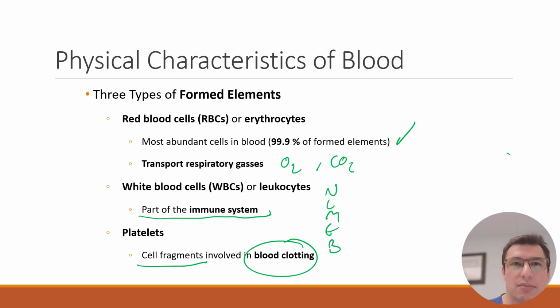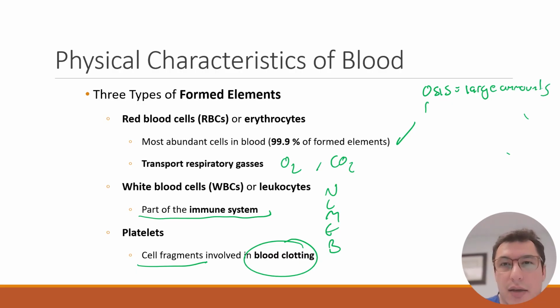A few key concepts to remember here. When we are talking about large amounts of red blood cells, we talk about something that is called cytosis. Means large amounts. Penia means little amounts.